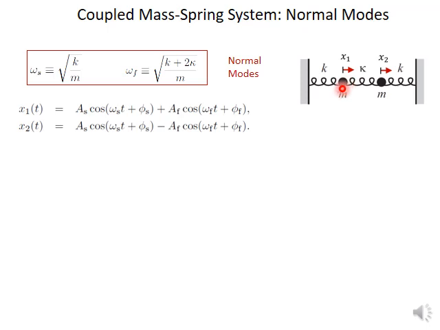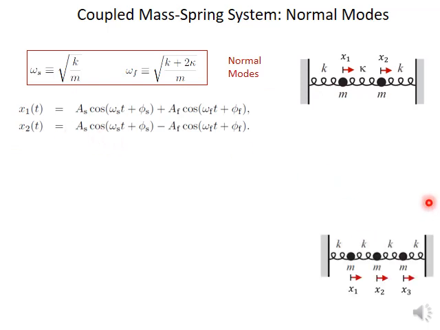So in general, if you look at a certain mass at any certain instant, its displacement would be defined by both these frequencies at any given time. And similar would be the case for the other mass.